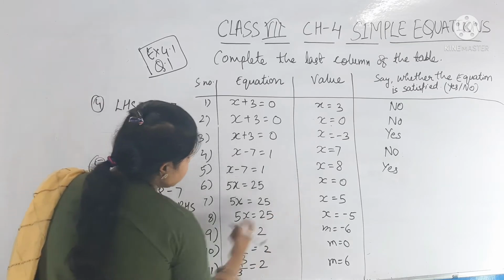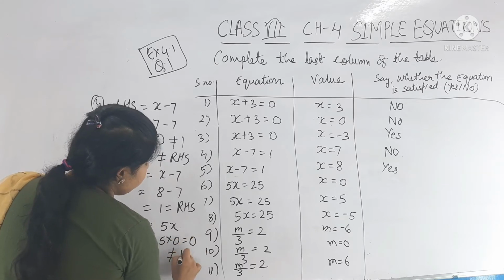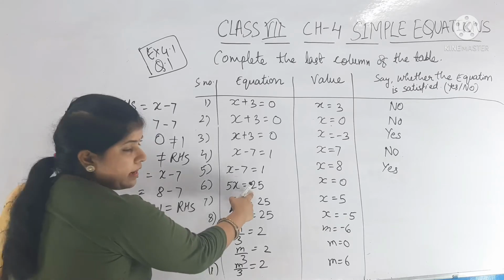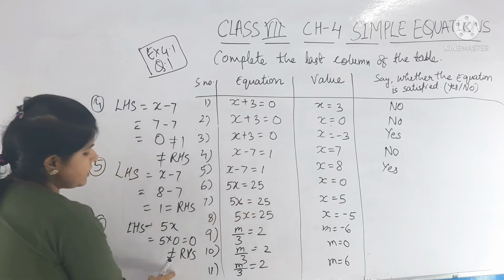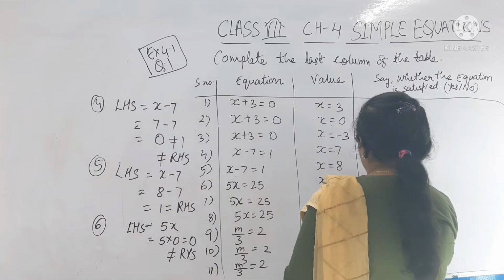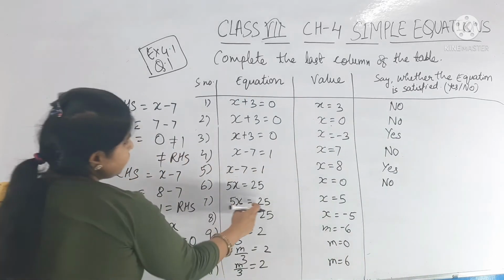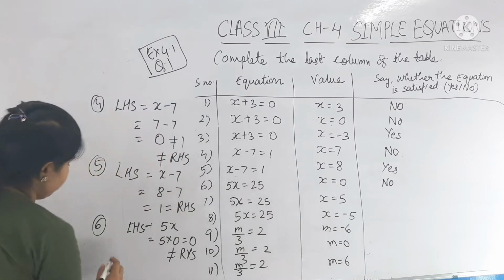We have to put x equal to 0 here. 5 into 0 is 0, not equal to RHS. Here on the right hand side it is 25. So it is not satisfied.